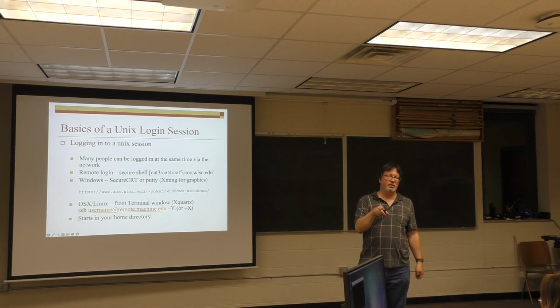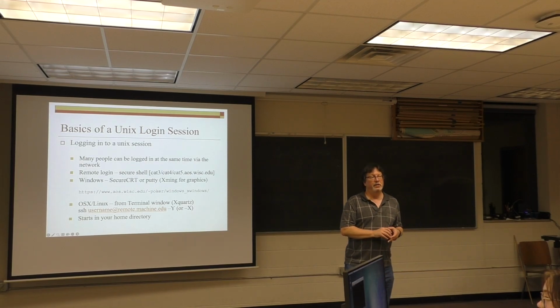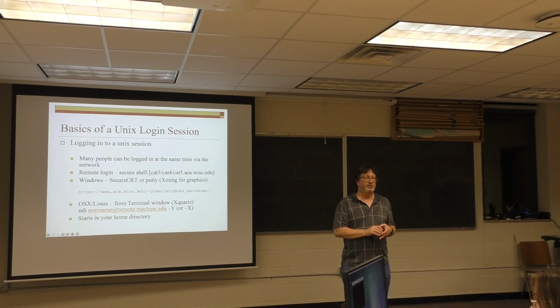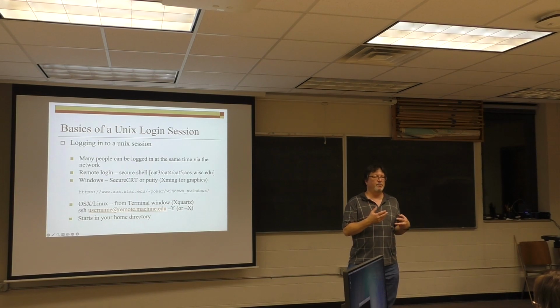server. If you log into one of these, the graphical system that you see here on Unix and Linux is called X Windows. And it's a client server based thing. So you can actually have an X server running on one machine and have a program that's running on a different machine displaying its output on your server, which is what this is.